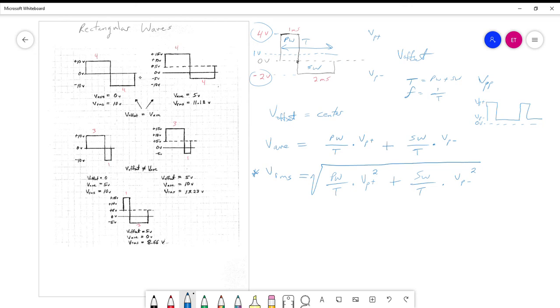Can you get a sense of what it would look like? It's going to see 10 volts for sure for 4 milliseconds, if we want to use milliseconds. And then what? It's going to see 10 volts for 4 milliseconds again.